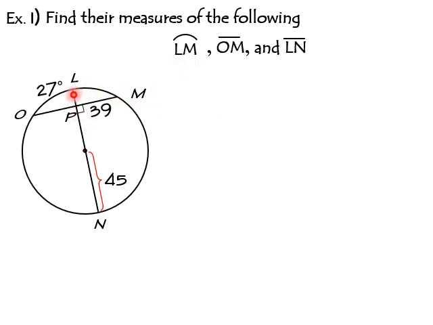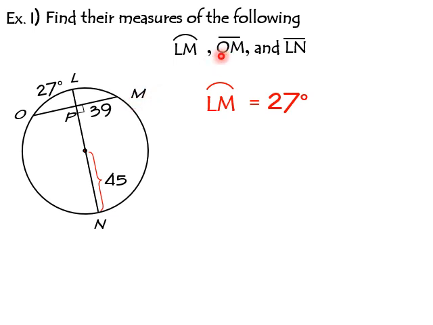This is arc LM. Now what do we know? We know that this cuts this arc into half. Now if it cuts into half, then that means that these two sides are congruent. So arc LM and LO would be the same value. So LM is equal to 27.